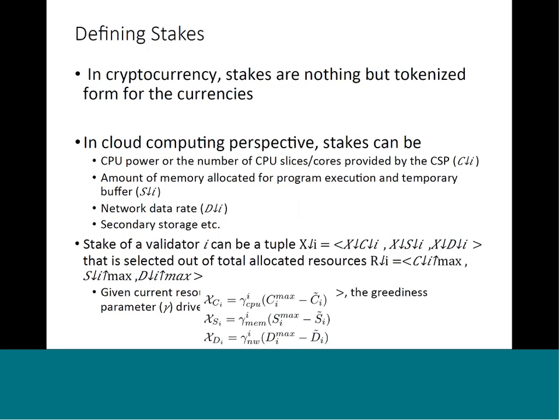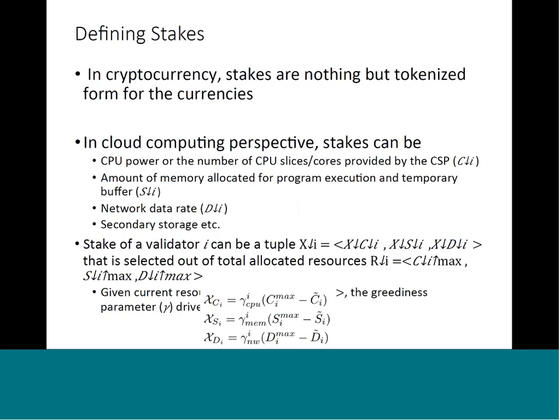So I'm going to talk a little bit about how we came up with the idea of defining the stakes. Again, given that we are using the cloud computing perspective, we decided to use the computing, memory, and network resources as the means to define stake. And that is the tuple that is proposed here.